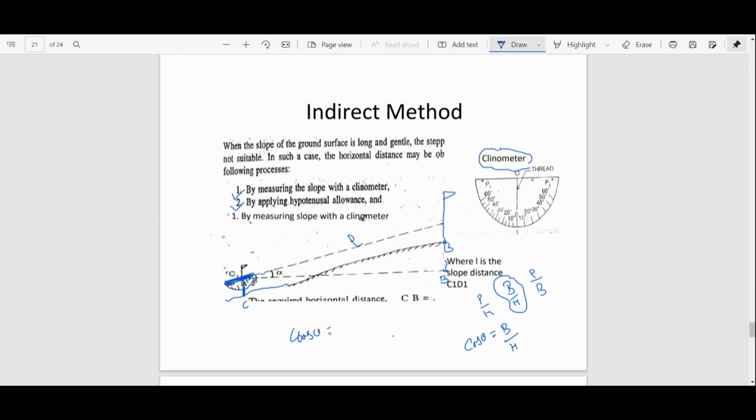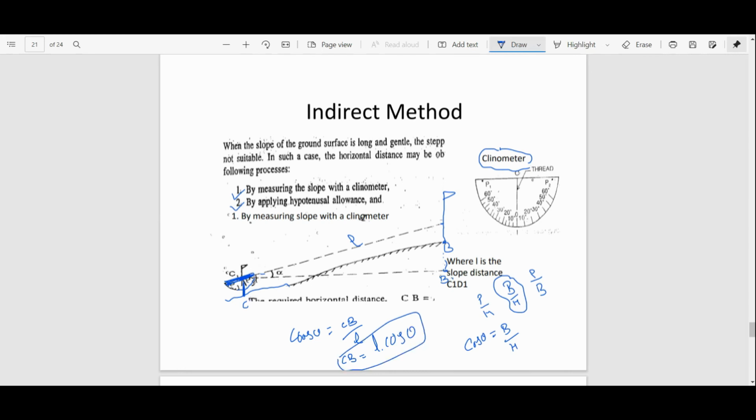Cos theta is equal to the base, which here is CB, and the hypotenuse here is L. So CB is basically L into cos theta.